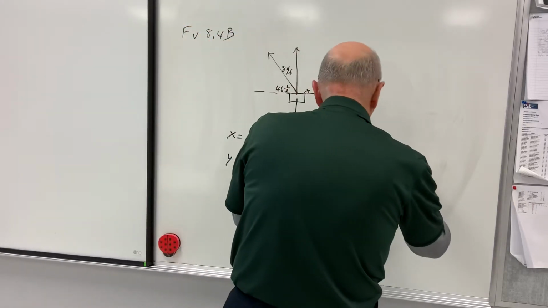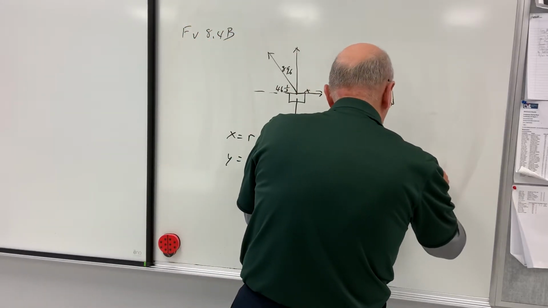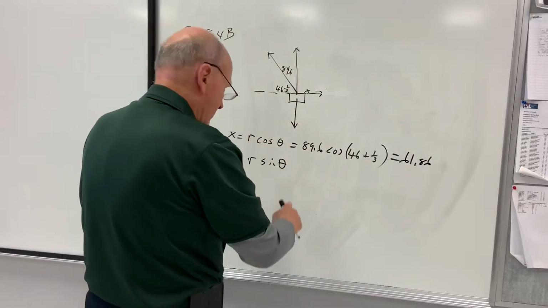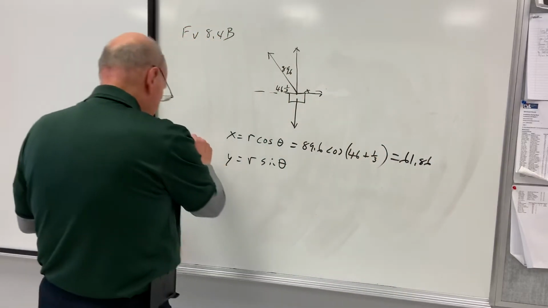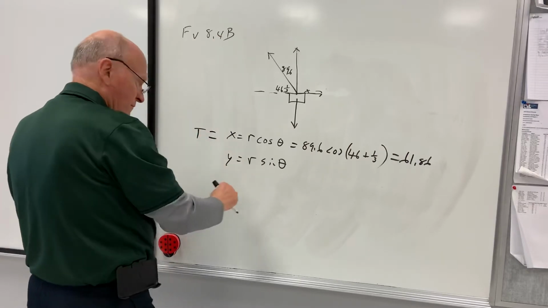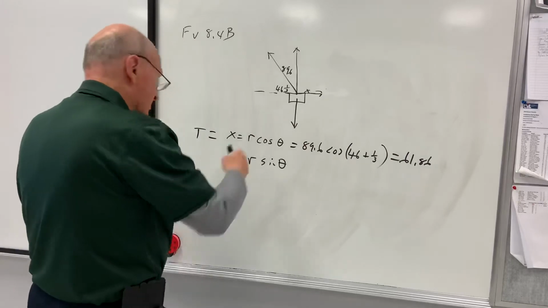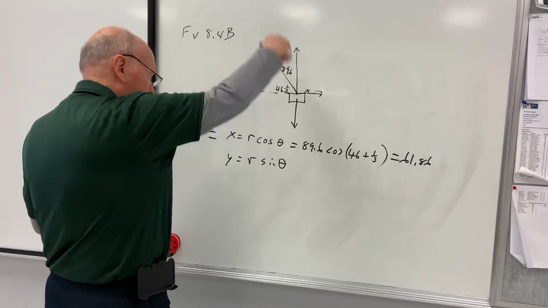I'm getting 61.86. That's my x component. So that would be the tension on the rope, 61.86 pounds.